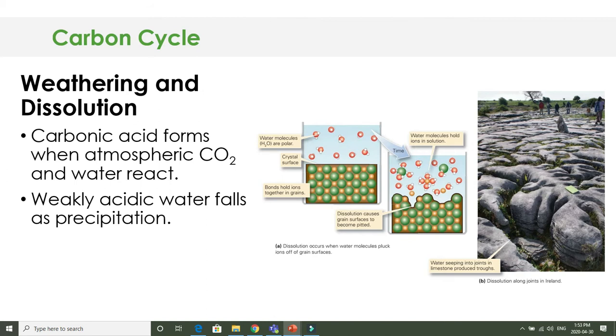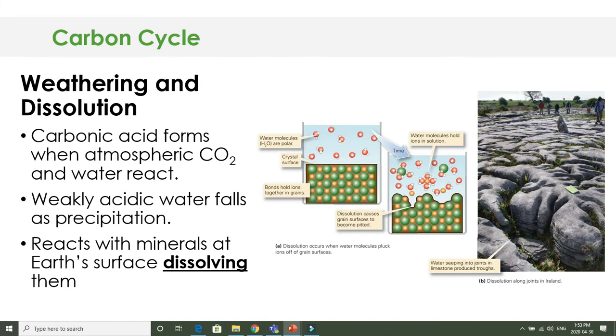Weakly acidic water falls as rain, so we get a little bit of acid in our rain water. That's also helping to break carbon out of rocks. And this reacts with minerals at the Earth's surface and dissolves them. So minerals then come out of the rocks and end up in the water and get moved to different parts of the Earth, different spheres.